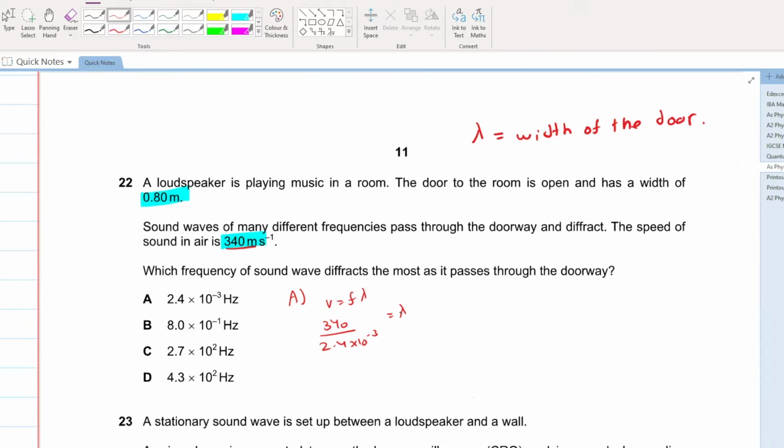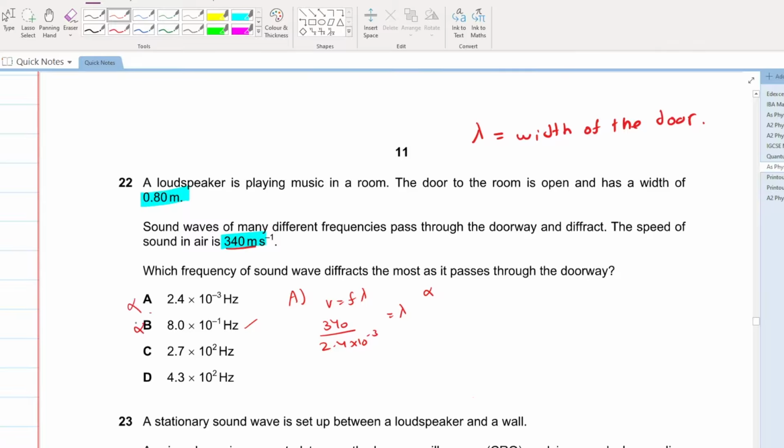No, this cannot be your answer. A is not your answer. Let's try out option B. Let's change the frequency in the calculator and try out option B. Option B gives you an answer of 4 to 5 meters. That is also not your option.